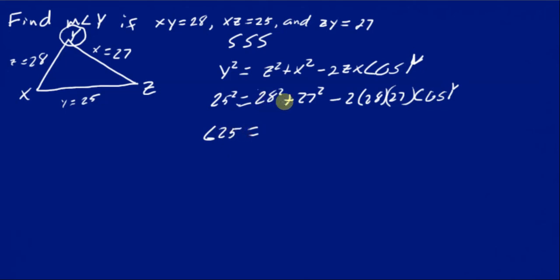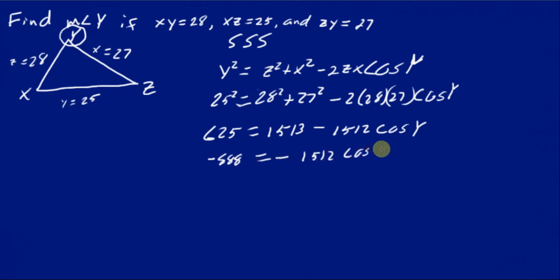If I take these two, square them, and then add them together, that comes up to 1513. Minus 2 times that is 1512 and cosine of y. All right, so if I subtract that over, that gives me a negative 888, and that's going to be equal to the negative 1512 times the cosine of y.